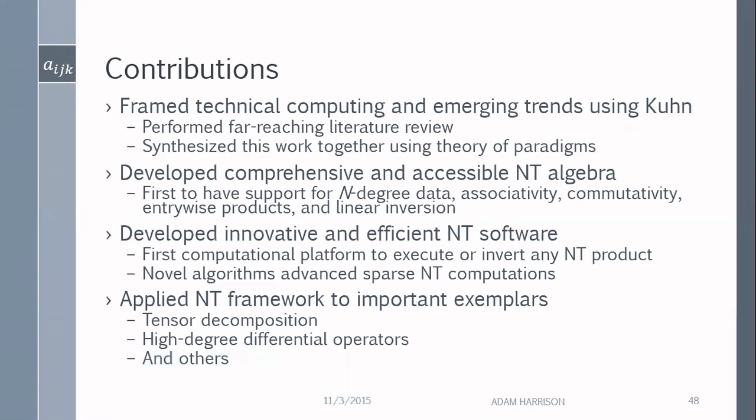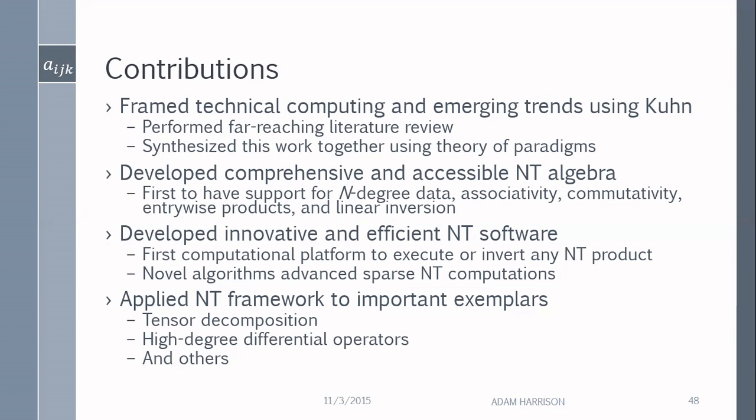We framed technical computing and emerging trends using Thomas Kuhn. There was a far-reaching literature review, and we synthesized this work together using the theory of paradigms. This motivation led us to develop a comprehensive and accessible numeric tensor algebra. It was the first to have support for n-degree data, associativity, commutativity, entry-wise products, and linear inversion.